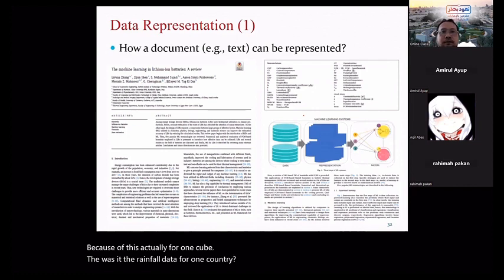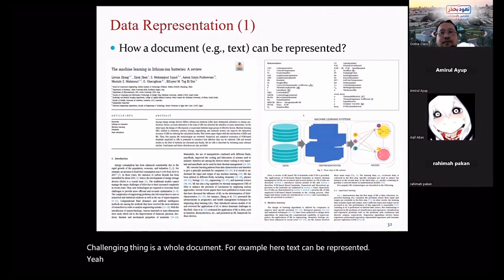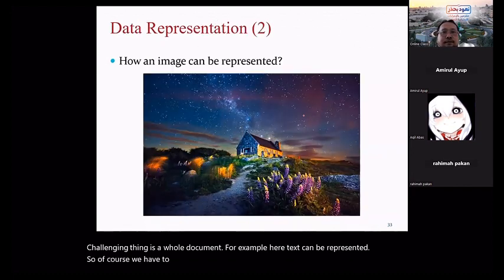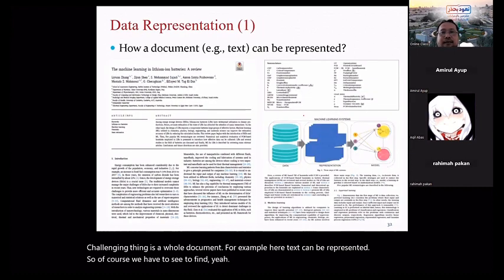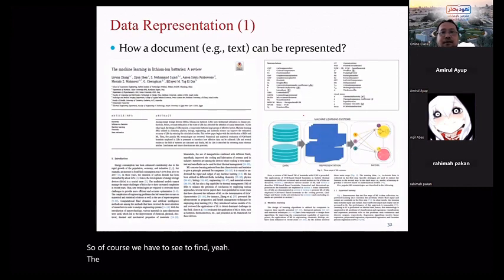Another challenging thing is how a document, for example text, can be represented. Of course we have to find the data inside. What kind of data is inside? This is a text, for example.